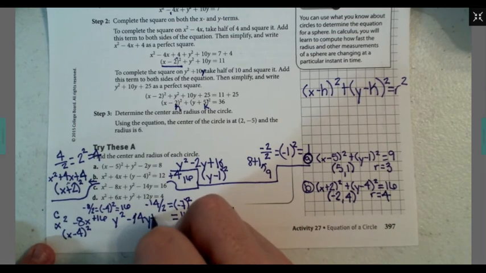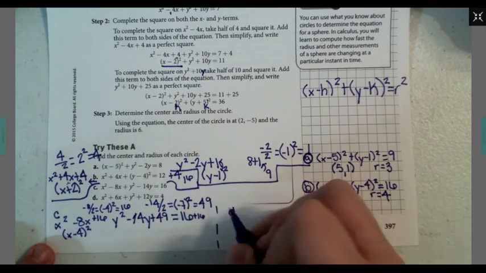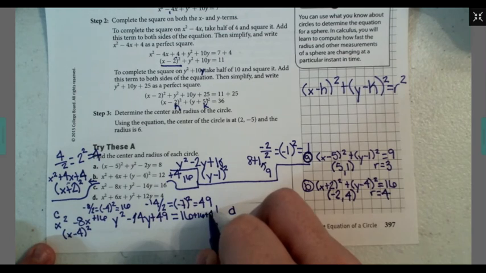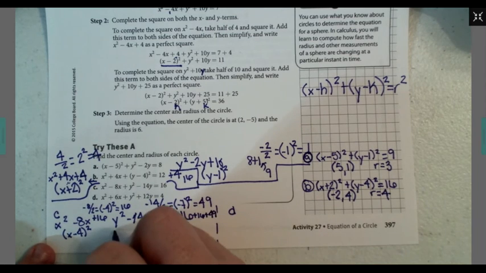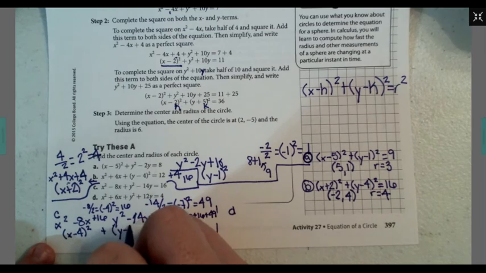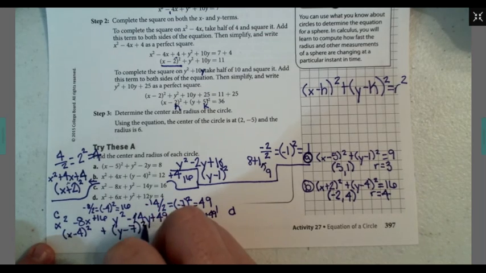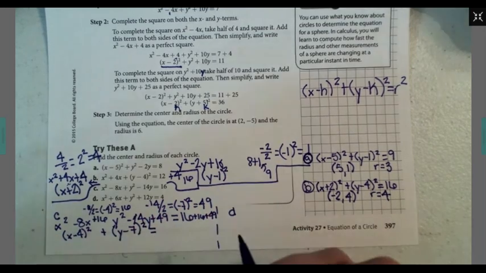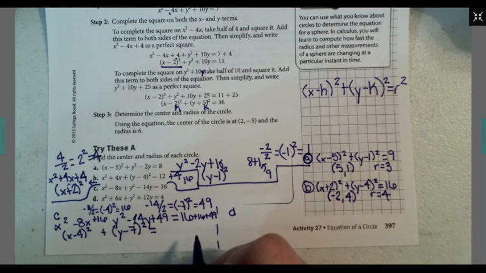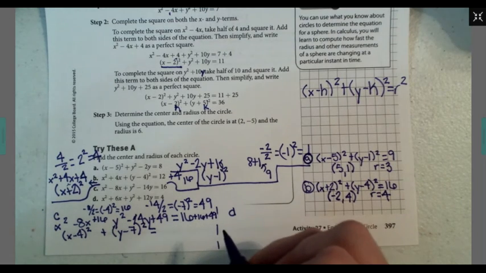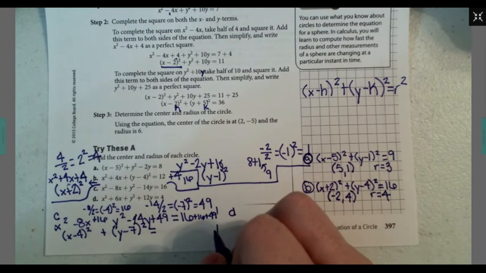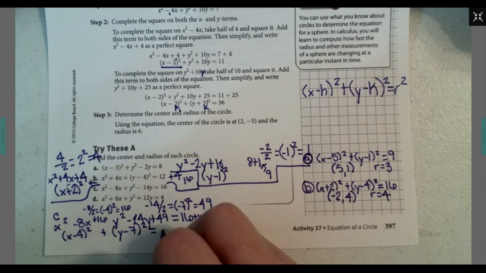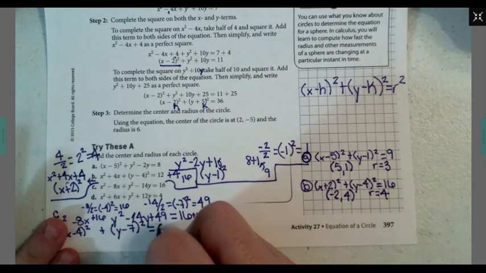So we're going to add 49 to both sides now. This is going to be rewritten as y minus 7 to the second power equals 16 plus 16 is 32, and 32 plus 49 is 81.